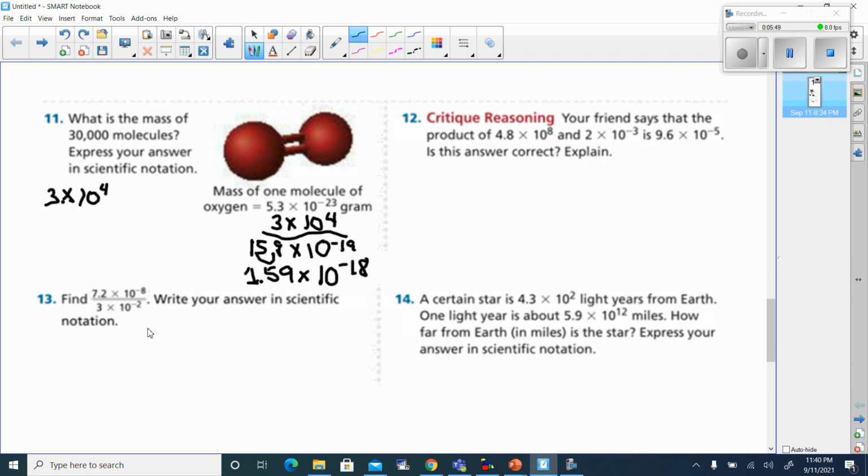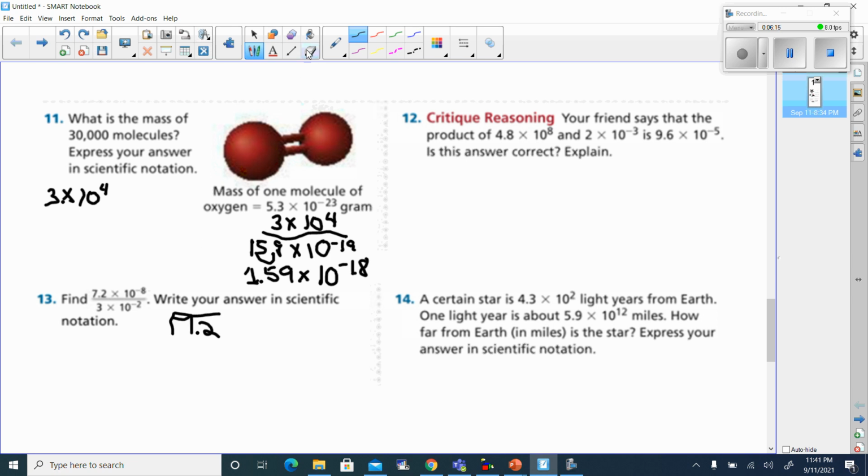Once again, we're going to have to treat this like a division problem because it is. We got 7.2 divided by 3, and then we got 10 to the negative 8 divided by 10 to the negative 2.